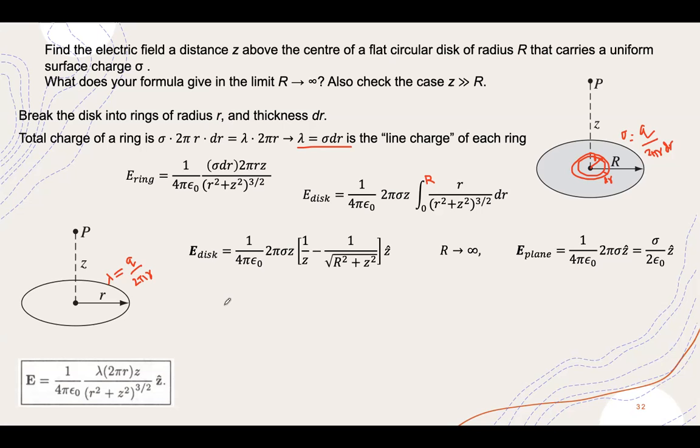Now the question is, what is going to happen if I take the limit R to be infinite? That means either you can see that this point P is very near to the disk, or you can say that this plate, or the disk, is very, very large compared to this height.